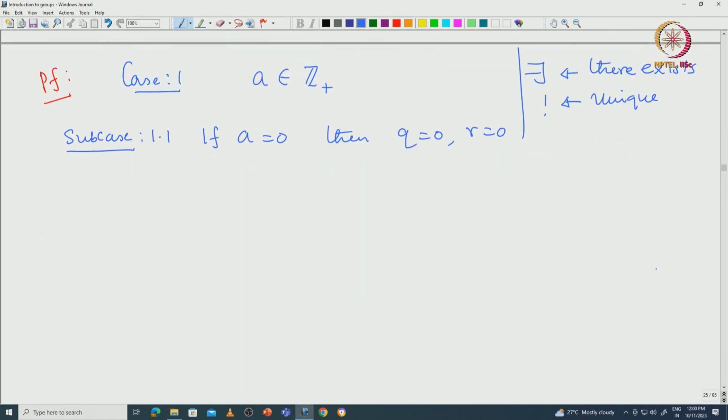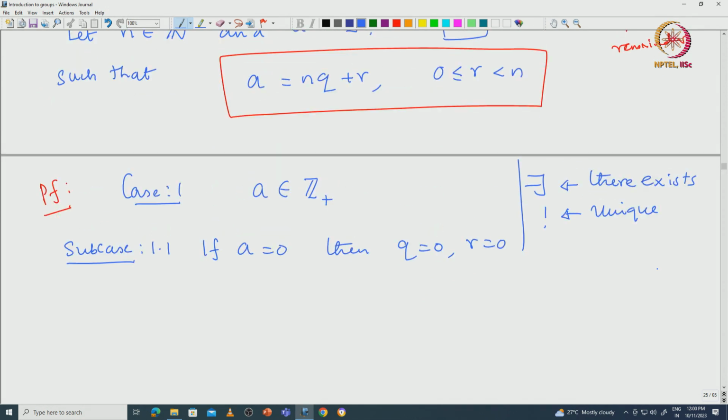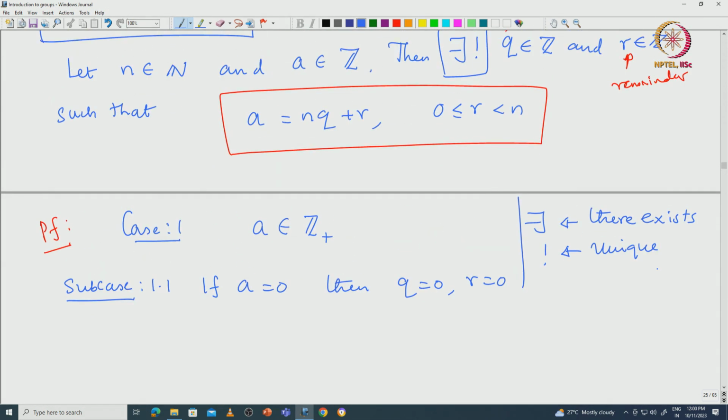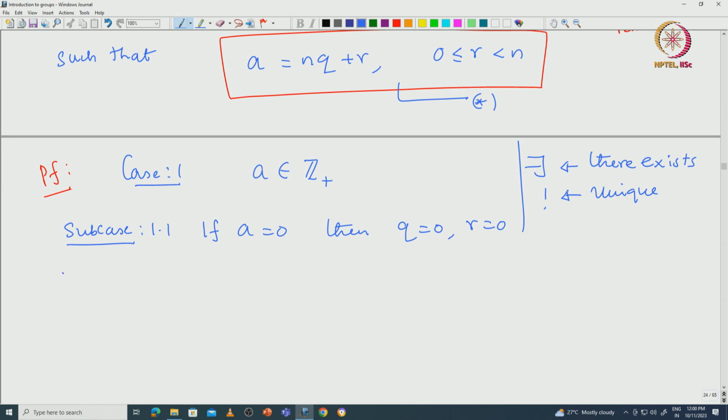When a equal to 0, it is clear that we can take q 0 and r 0. So, then the equation that we are interested in is satisfied. For that purpose we can assume that a is non-zero. That means a is just a positive natural number.